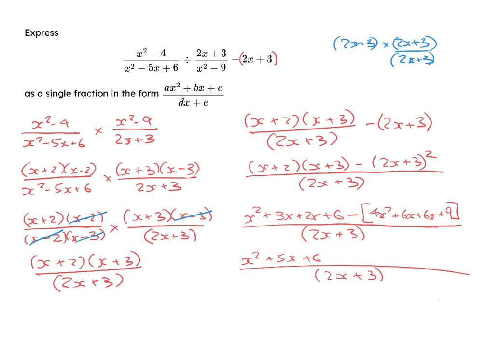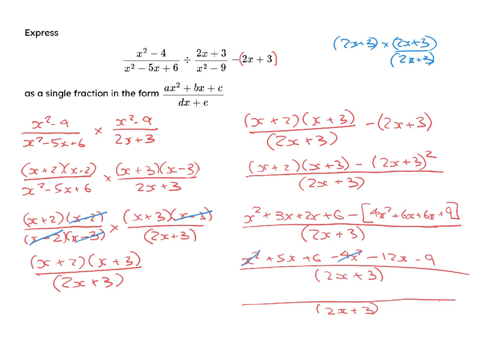Now the minus sign is important. That's why I've got the square bracket. So it's minus 4x squared minus, so I've got 6x and 6x is 12x, so I'm taking away 12x, and then minus 9. So hopefully this will be the final step. I've got 2x plus 3, and I'm going to cross these out as I go. I've got x squared minus 4x squared.